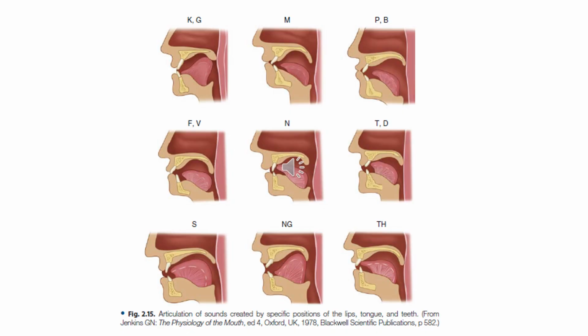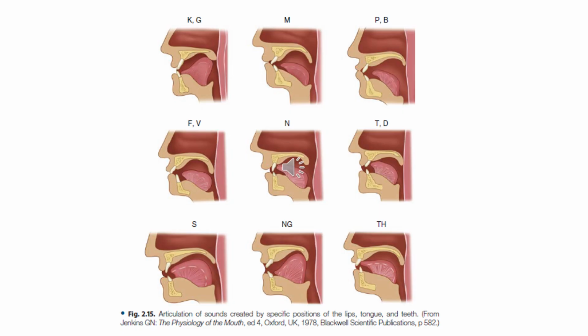This is an interesting diagram that you really need for any smile makeover or any aesthetic case that you are planning to change the position of the teeth or the incisors, because changing the position of the incisors will affect speech, and if you don't know it, you can ruin it.